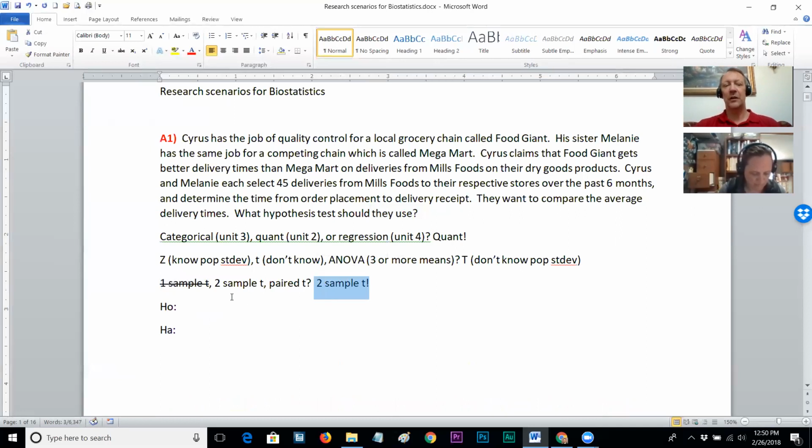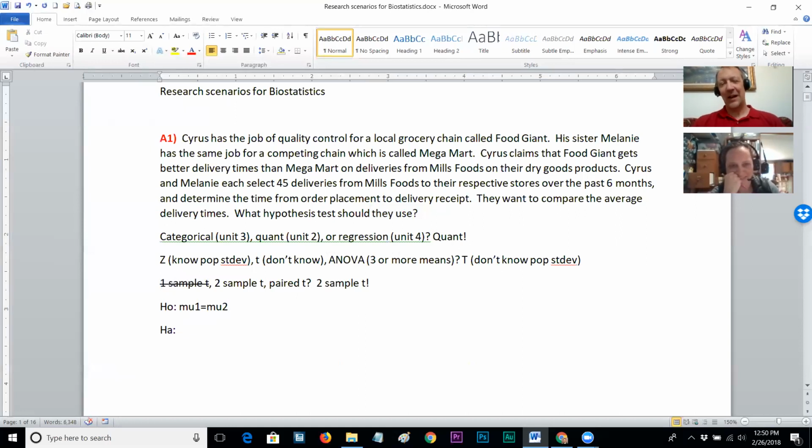If you got this wrong, you'd more than likely get this wrong too, but you got that right, so now we'll see how well you do. Mu1 is equal to mu2 is what is supposed to be the null, I think. Okay. Well done. You're 4 for 4.